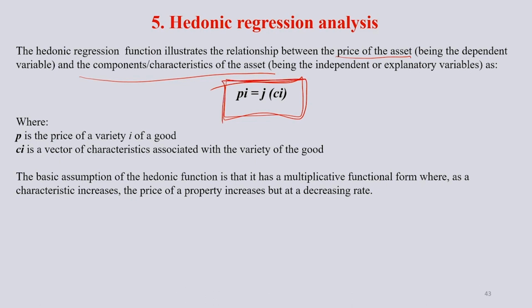Pi is equal to f of Ci, where Pi is the price of a variety i of a good, and Ci is a vector of characteristics associated with the variety i of the good. The basic assumption in this function is that it has a multiplicative functional form, where as a characteristic increases, the price of a property increases, but at a decreasing rate.